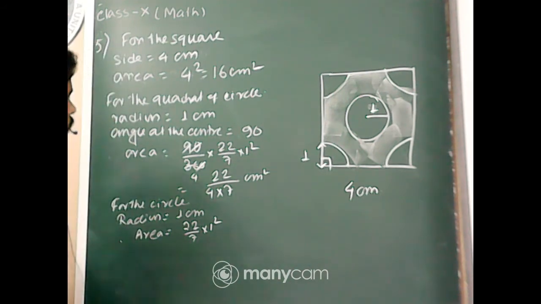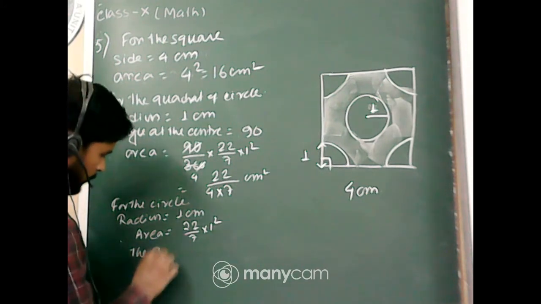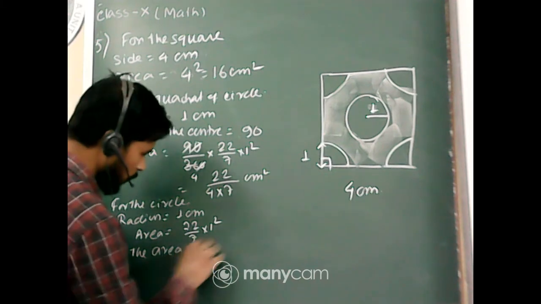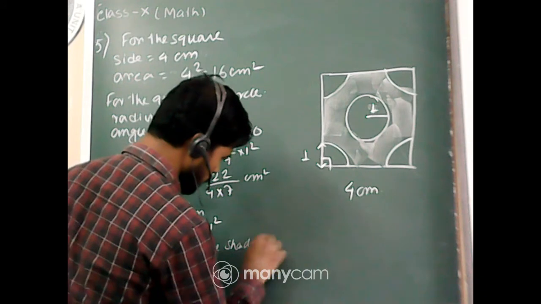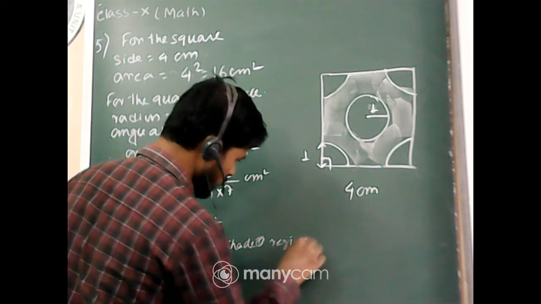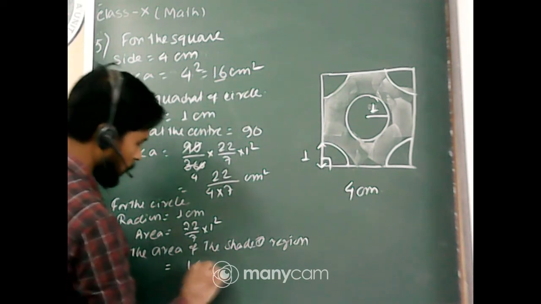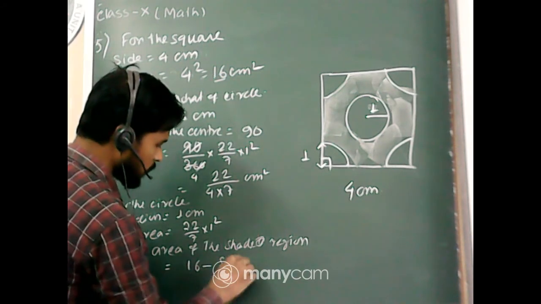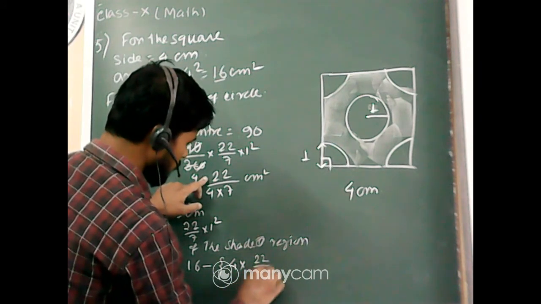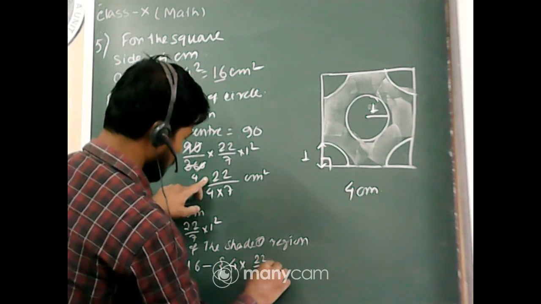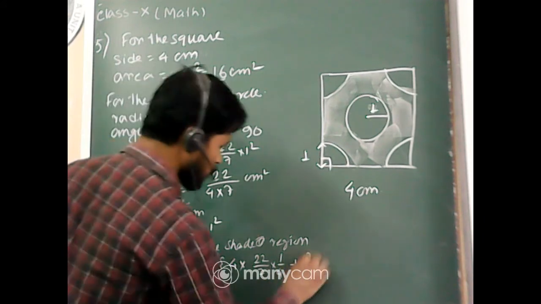Now the area of the shaded region is equal to area of the square minus 4 times the area of one quadrant, which is equal to 22 by 7 into 1 by 4, plus area of one circle, that is 22 by 7.